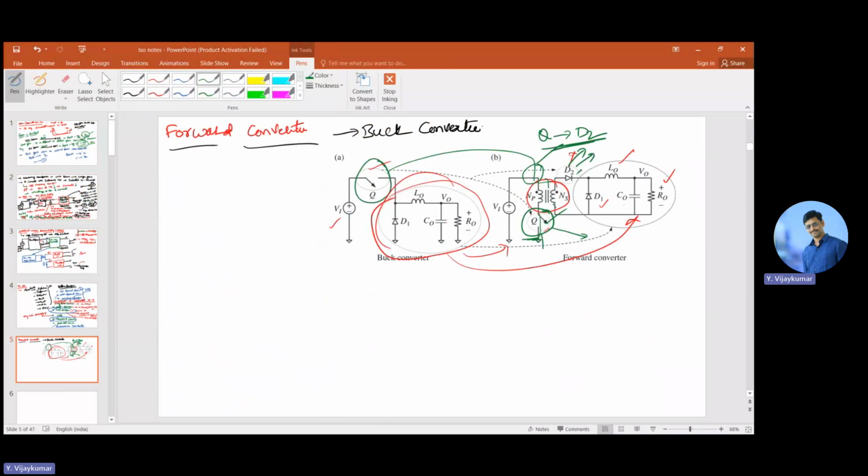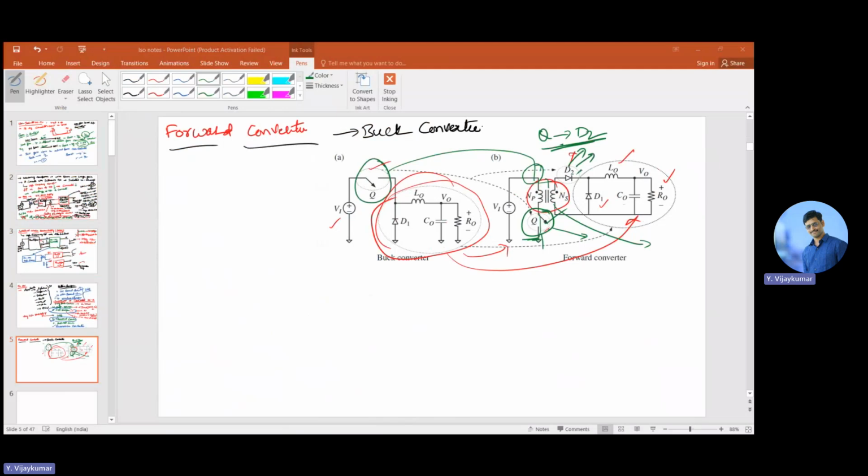Now the question is, is this transformer magnetized or not? In order to operate the transformer under the mutual induction principle, the transformer must be magnetized. But how do we get it magnetized directly? We need a circuit, or an extra winding on the input side.